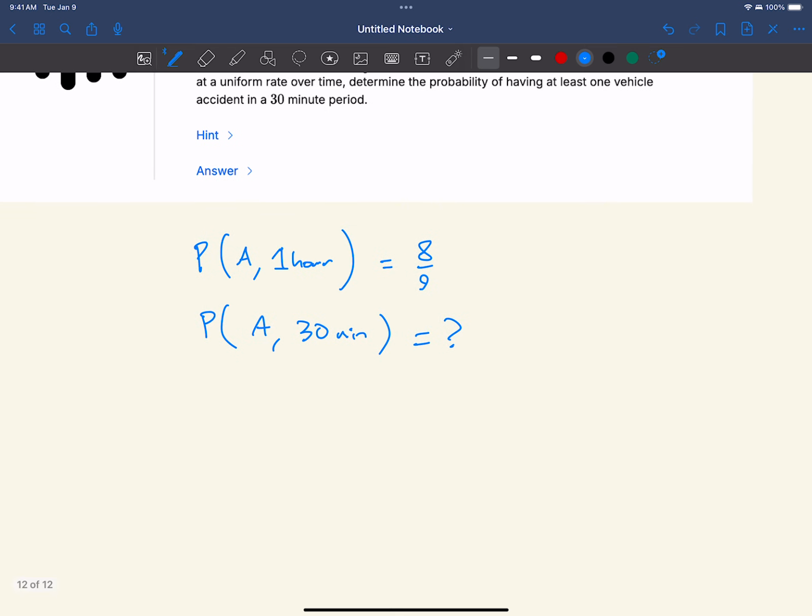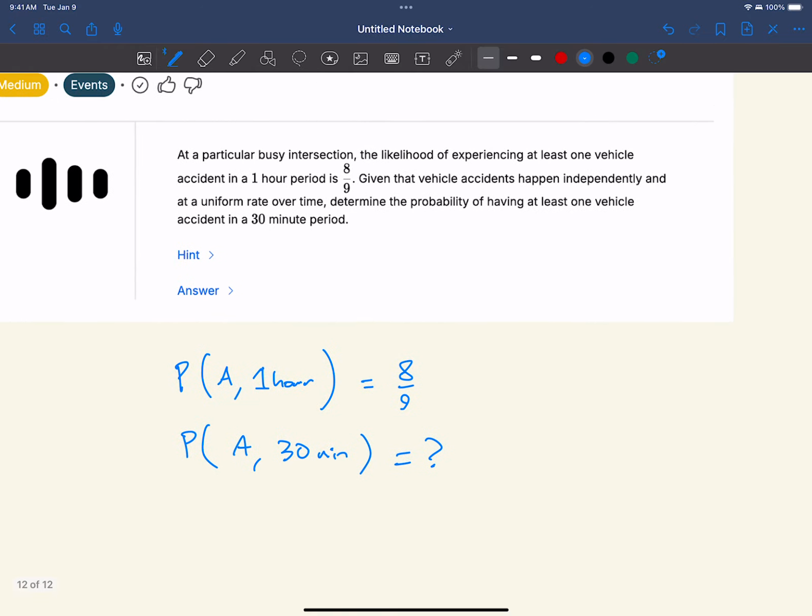So this can seem tricky at first because we're given the probability over a whole hour, and somehow we have to deduce the probability over a smaller period of time than the information that we're given.